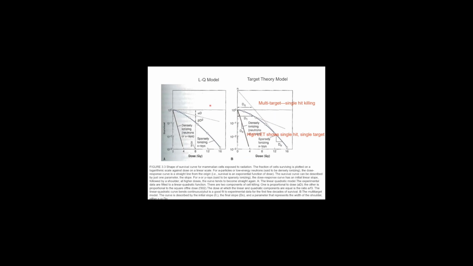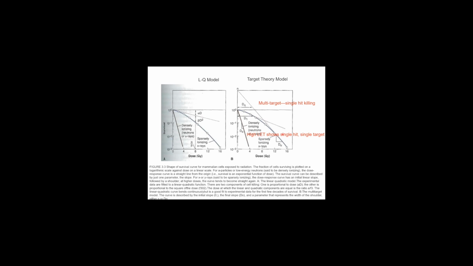In the linear quadratic model, everything relates to alpha beta ratios. This model applies much more for irradiating tissues, cell mixtures, many different cell types in the body. On the right-hand side, the target theory model was developed in one cell type, the HeLa cells, and it applies much better for single cell types that are being irradiated than those that are being irradiated in the body.